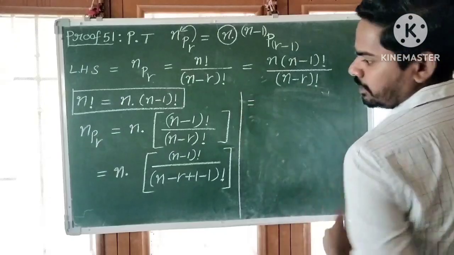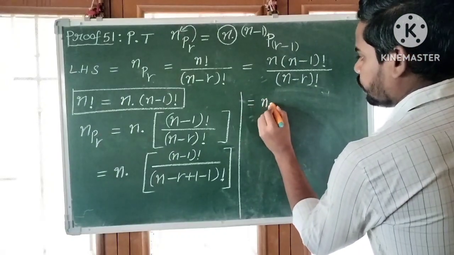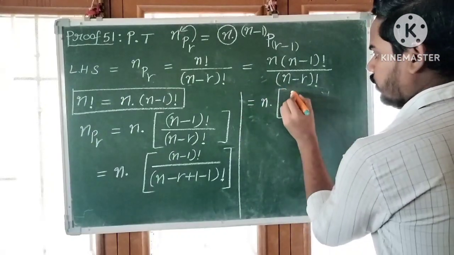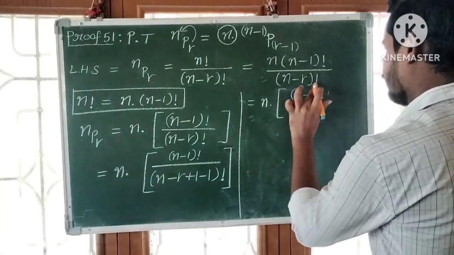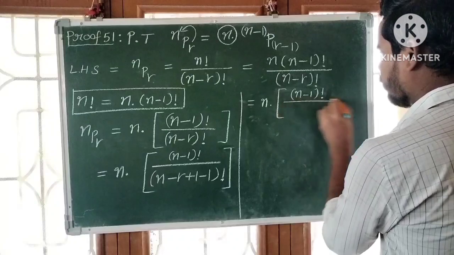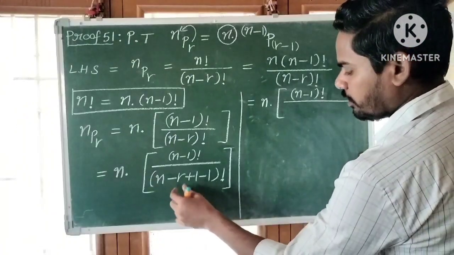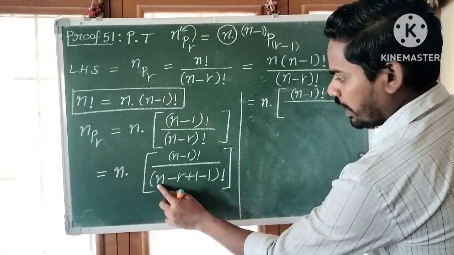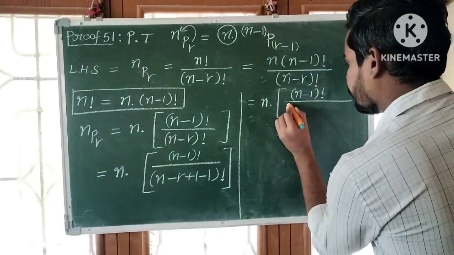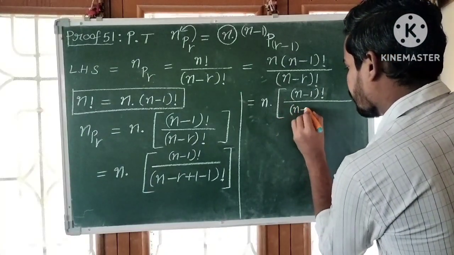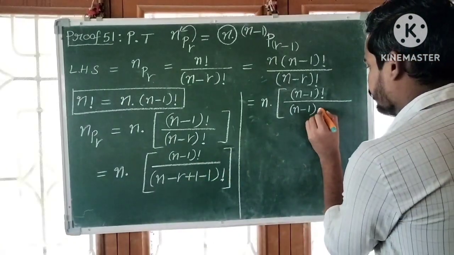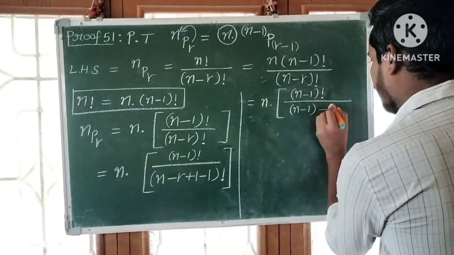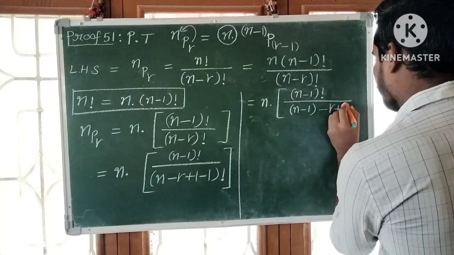So next, n into n minus 1 factorial, whole divided by, let us make some rearrangements here. Write n minus 1 first and keep parenthesis, next, minus r plus 1.